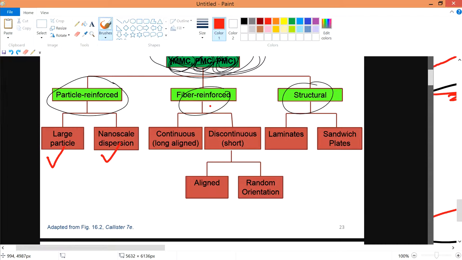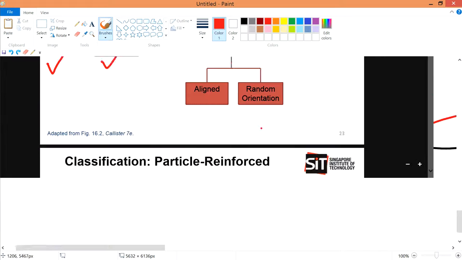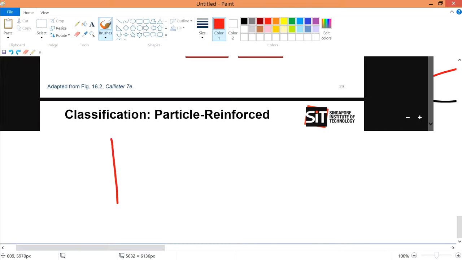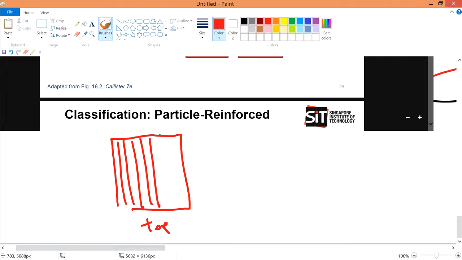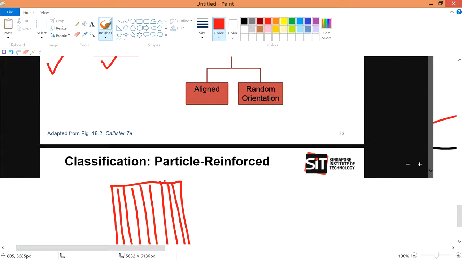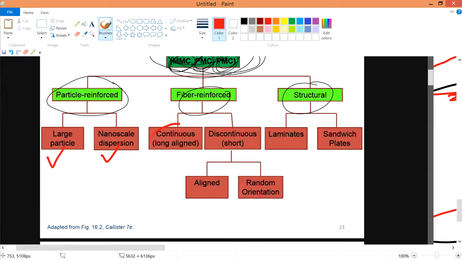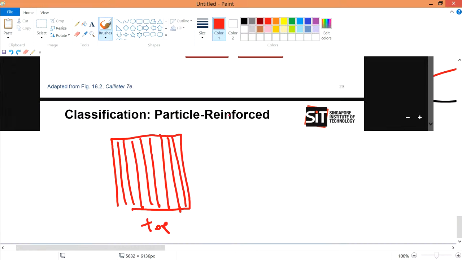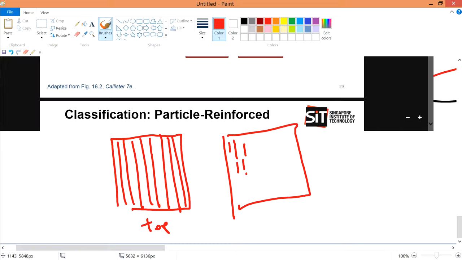This means the reinforcement fiber. If you have a matrix, for example, let's look at the top view. You have a long alignment. These are all long aligned fibers, so this is continuous long aligned. If it's discontinuous short, you may have something like this.